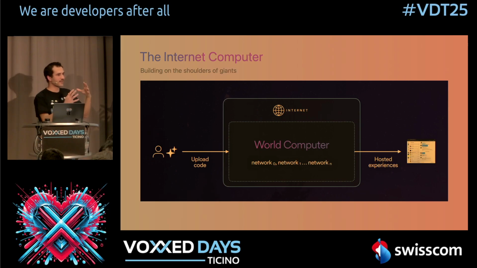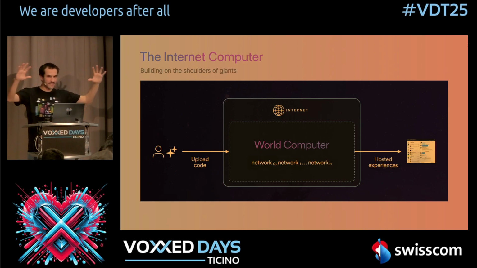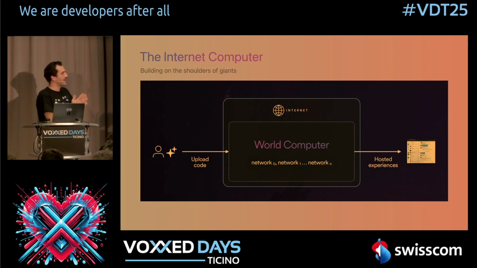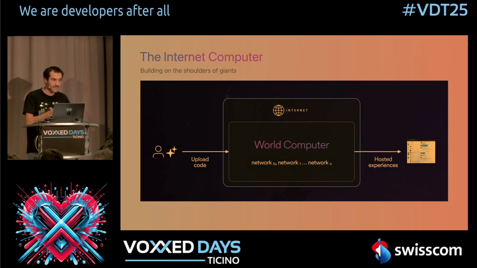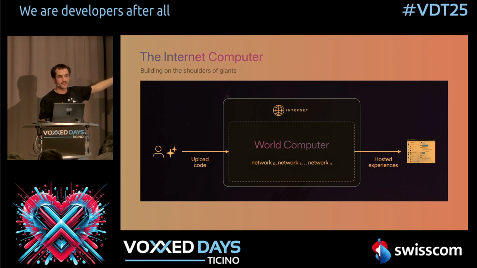So finally, we are going to put this all together, and everything that I said till now is built and can be built on the Internet Computer. You can see here a super simple representation in which we as developers upload our code to the Internet Computer.